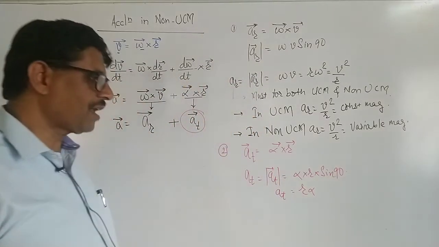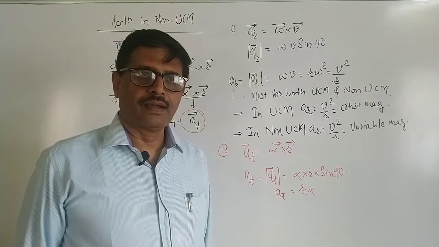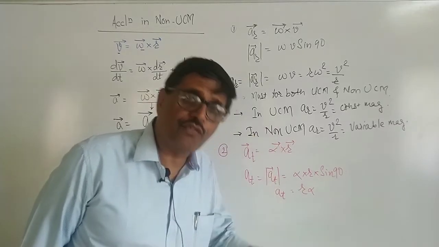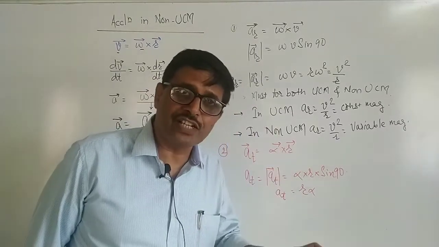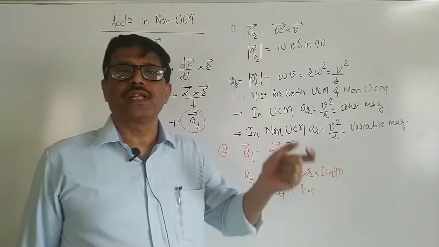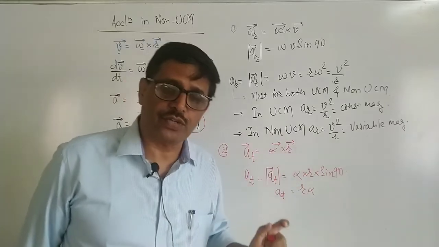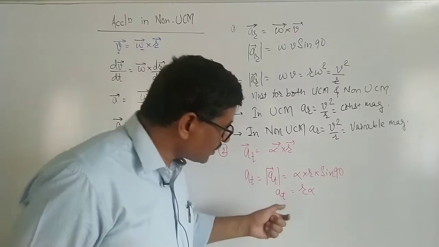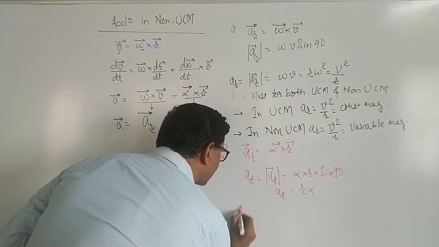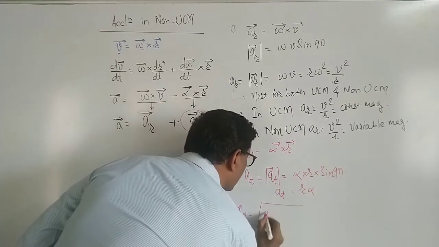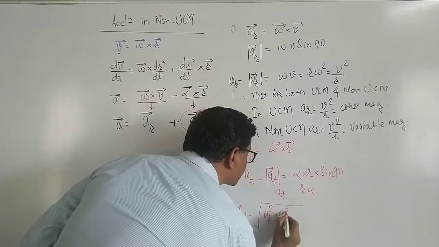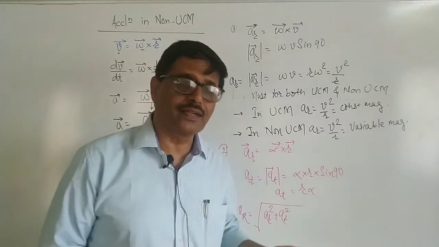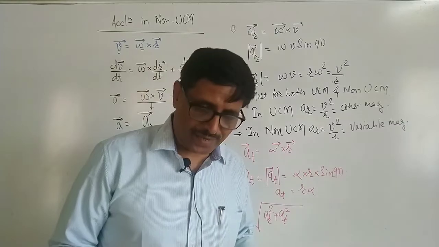This tangential acceleration is because of the change of magnitude of the tangential velocity and of the angular velocity omega. It has magnitude r alpha, and the resultant acceleration in non-UCM is under root of ar square plus at square, because ar and at are perpendicular to each other.